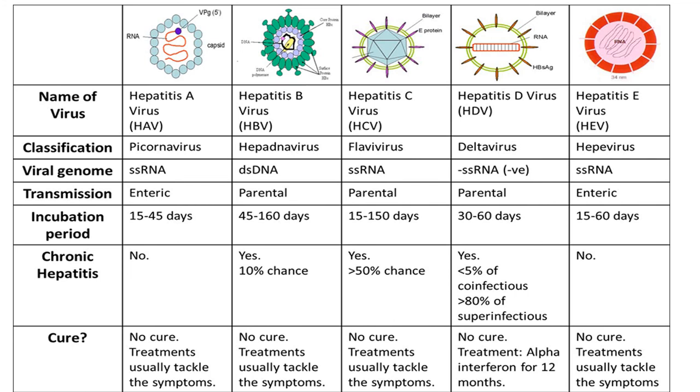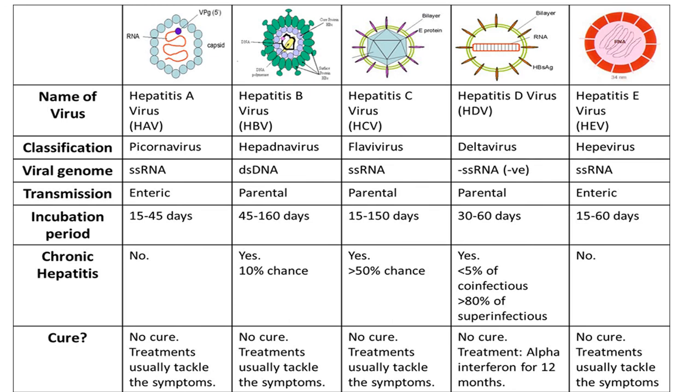Then incubation period. The incubation period means the period between the entry of the parasite or virus into the body of the host up to the first appearance of the symptoms of the particular disease. Here for hepatitis A infection, the incubation period is 5 to 45 days.